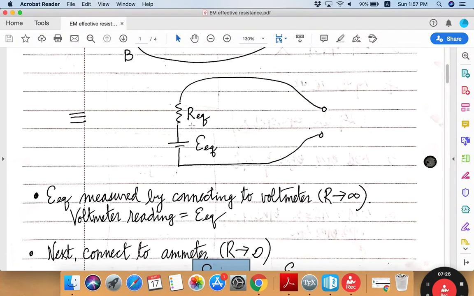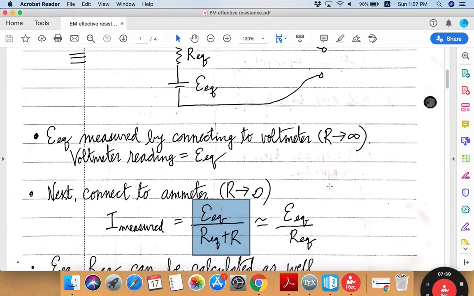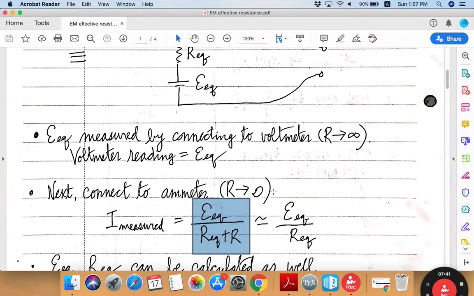In this case, the total resistance is the sum of the equivalent resistance plus the resistance of the ammeter. However, an ammeter by definition has almost 0 resistance. So this ends up being equal to that.